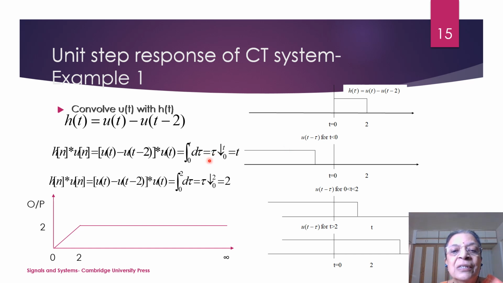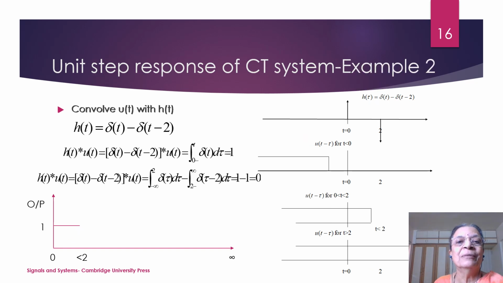Integrating tau from 0 to t, I get the value t. So at every value of t, it will go on increasing up to 2. Now what will happen after 2? When I shift it further, the overlap will be between 0 and 2 and this will be fixed. So the integration will be carried out between 0 and 2 and the answer is 2. So the output will remain constant at 2.